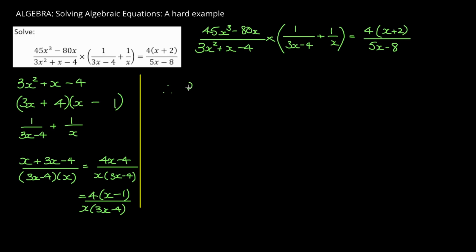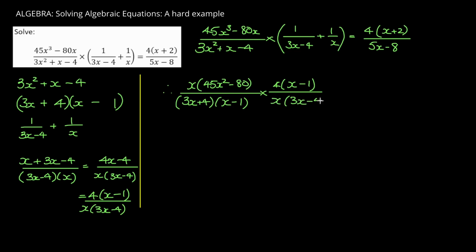So therefore I can say x, this will be 45x squared minus 80, and that's divided by our two factors now, which is 3x plus 4, x minus 1, multiplied by our new version of the big bracket here, which is 4x minus 1, and that's divided by x, 3x minus 4, and that is equal to, well, we can do not much with this yet, so this is copy and paste, so 5x minus 8. Well, that's starting to look a little bit better.